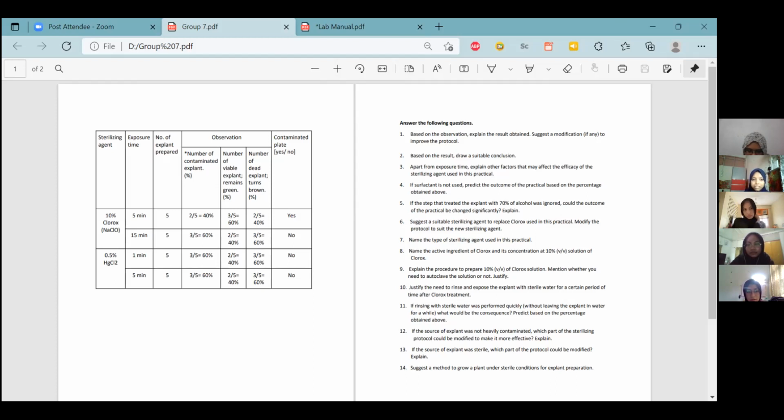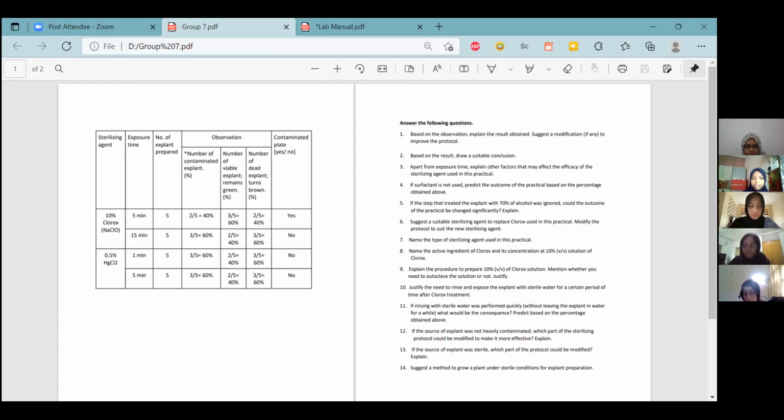But to be added, another piece of information that I got for Clorox: we put the contaminated plate for 5 minutes exposure time. From my reading, I found that prolonged exposure to Clorox can be phytotoxic to the tissue.